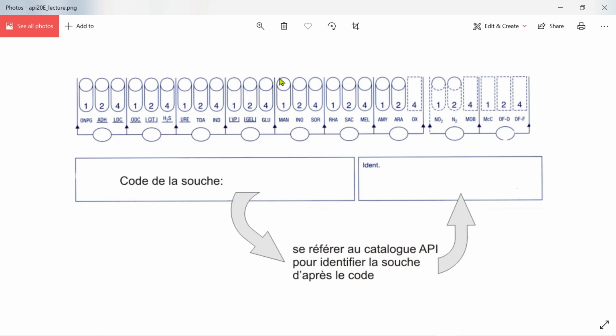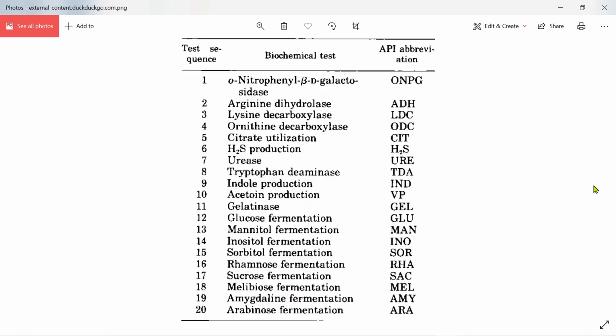So if it's negative here, and positive here, the code here will be 4. So therefore, once you have the code here, you enter it into the software. It will give you a presumptive identification. So these are the names of the biochemical tests, and the abbreviations in the API kit.